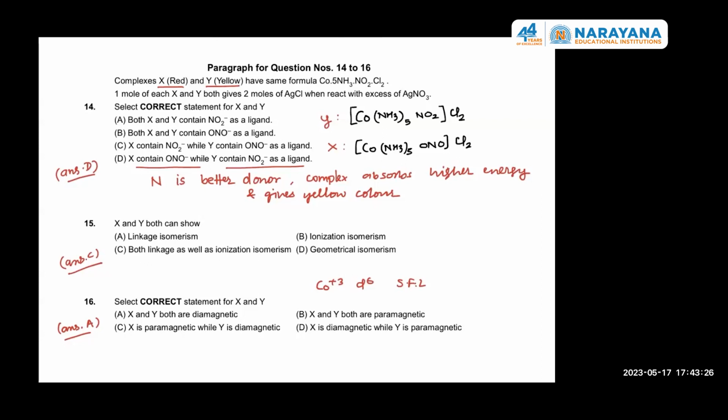It means the absorption energy is higher in the case of Y, but it shows the yellow color, which is its complementary. The complex X has ONO. It absorbs lower energy and gives the color complementary to the higher energy, that means red.